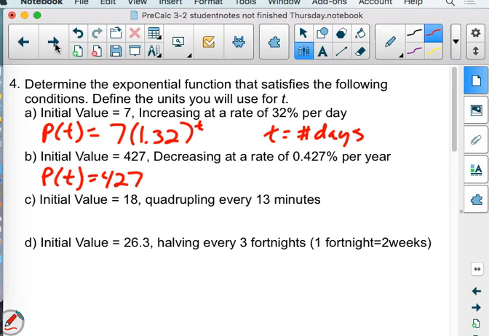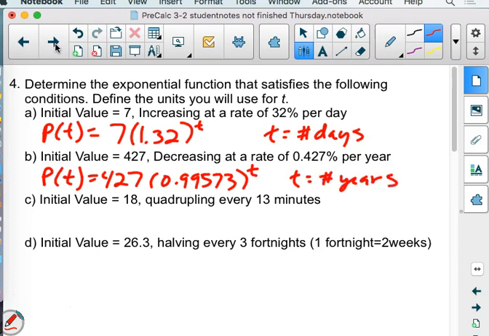Oops, no parentheses there. 0.99573. Well, I've used the whole thing, just to make sure everything's accurate. But then we need to raise that to something. What would you use for a t in this one? A year. Yeah, it says per year. Why not?